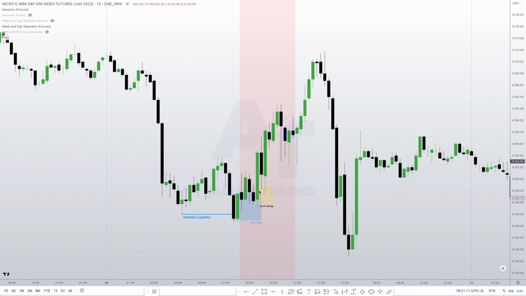So after basically bouncing around in this order block, now we have another order block that forms. An order block within another order block is called a propulsion block. Propulsion blocks tend to act more strongly than order blocks.